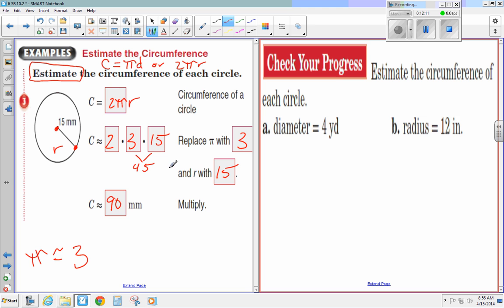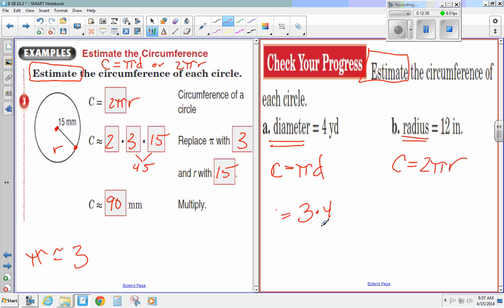All right, estimate the circumference of each circle. So now we're estimating still. If we're given diameter, circumference equals pi d. If we're given radius, circumference equals 2 pi r. So, working this out, estimate pi to be 3 times 4, or 12 yards.